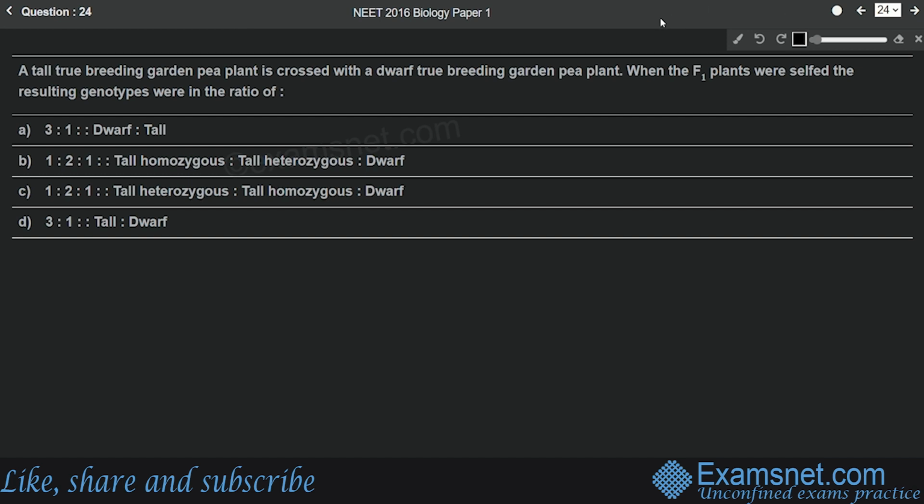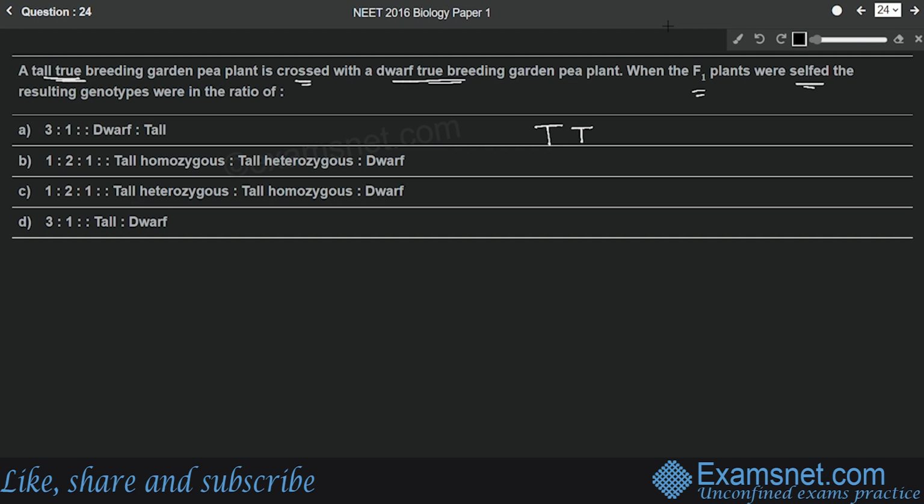Question number 24 is from the chapter Principles of Inheritance and Variation. And the question is, a tall true breeding garden pea is crossed with a dwarf true breeding garden pea. When F1 plants were selfed, the resulting genotypes were in the ratio of, okay. So let's see, a tall true breeding garden pea. Tall true, that means capital T, okay.